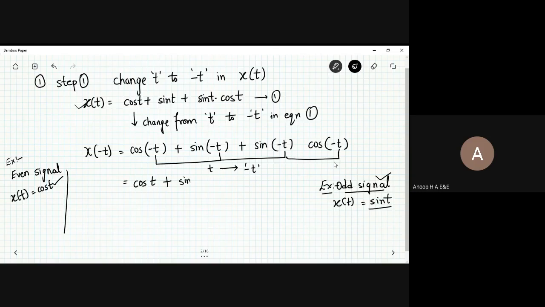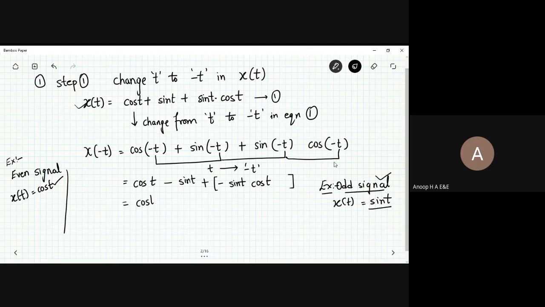Cos t plus sine of minus t. Again, what can you write here? You can write it directly as minus sin t. Next, sine of minus t, in terms of the bracket, is minus sin t, and cos of minus t is cos t.